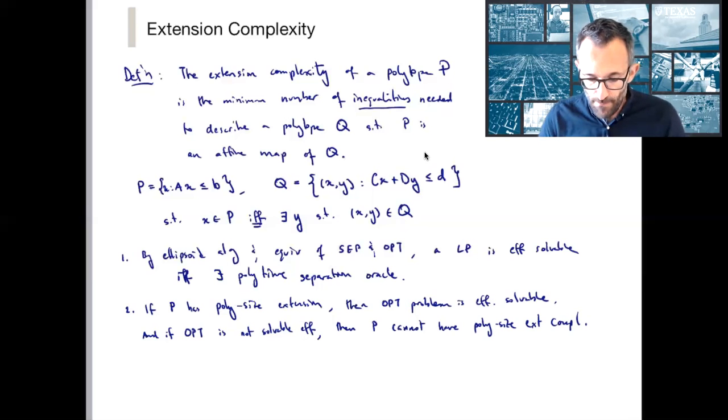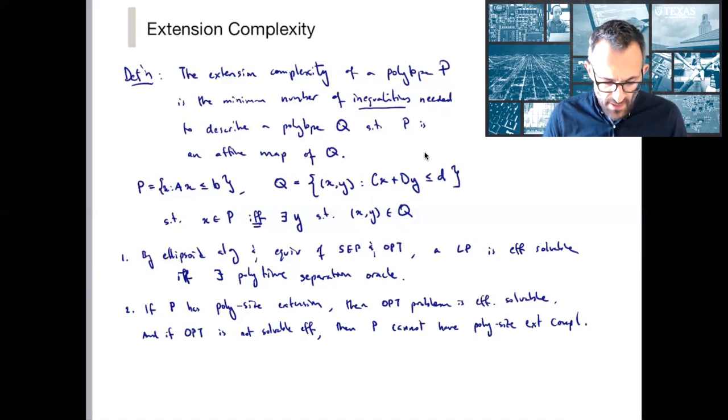Then immediately these two points tell us that P cannot have a polynomial size extension complexity. So if P is the cut polytope, we already know, before we do anything, that there's no way that it has a polynomial extension complexity as long as we believe that P does not equal NP.